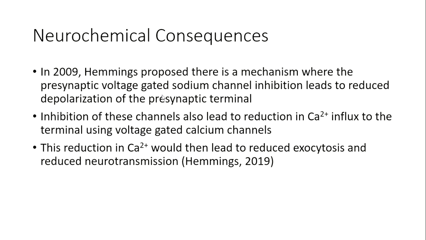On top of that, the inhibition of these channels would also lead to a reduction in calcium influx to the terminal through voltage-gated calcium channels. This reduction in calcium would then lead to reduced exocytosis as well as reduced neurotransmission.